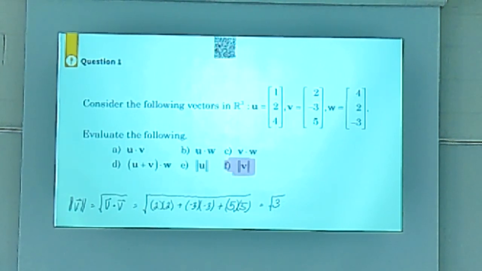Can that be simplified? No. 38 is 2 times 19, neither of which are perfect squares.